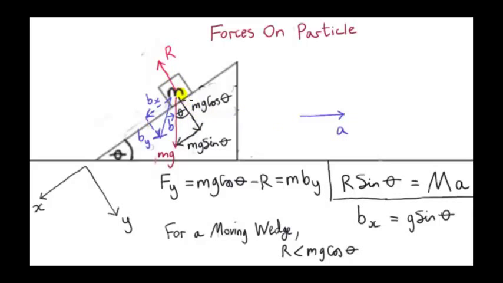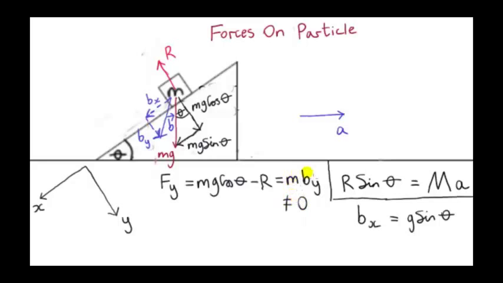Contact between them is not as strong as the case of when the wedge is at rest. So anyway, this thing here is not equal to 0, as it is for the case of a fixed wedge. We have a net force in the positive y direction, so this vector here is a bit greater in magnitude than this vector here. So that's why we have a positive y component of the acceleration.